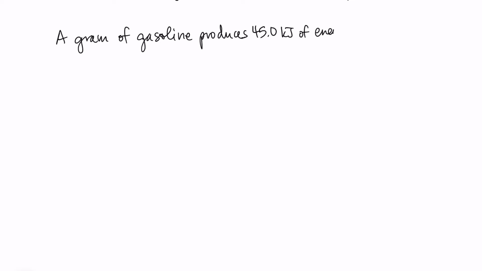So I'm going to write out an example of that. So this is an example of a word problem. A gram of gasoline produces 45 kilojoules of energy when burned.